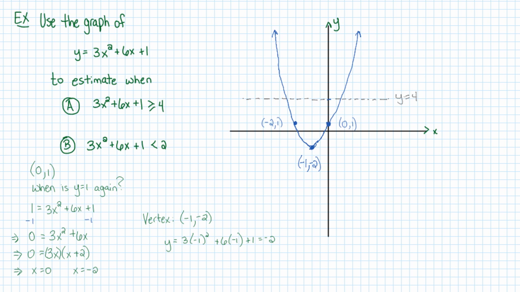And I just want to know, when is this graph above that height? Above or equal to that height? So let me shade in when the graph is above or equal to that height. Here on up, all that part of the parabola is definitely higher than a height of 4. Same thing over here. Something like that.